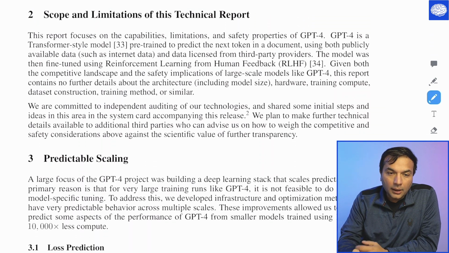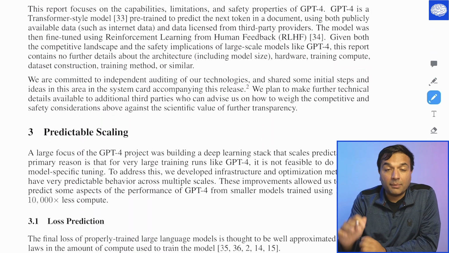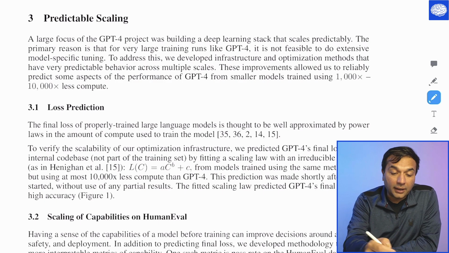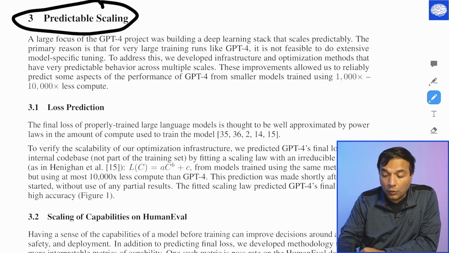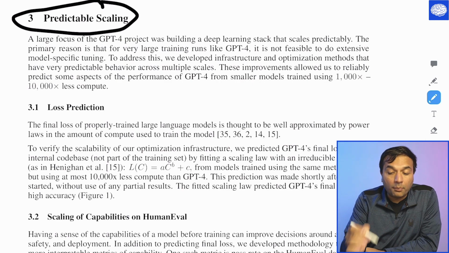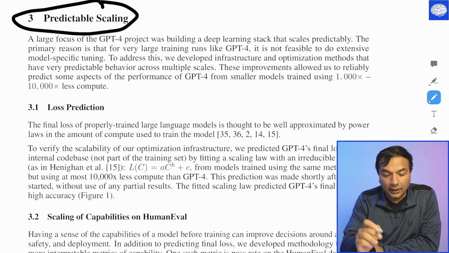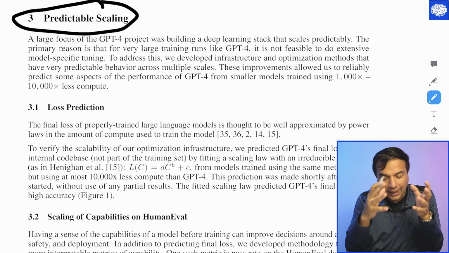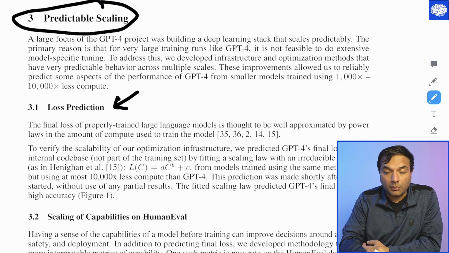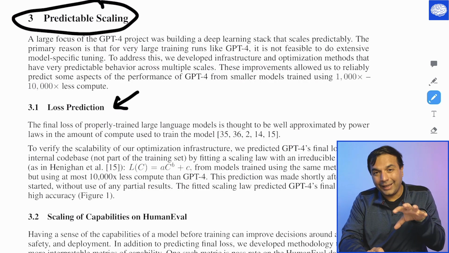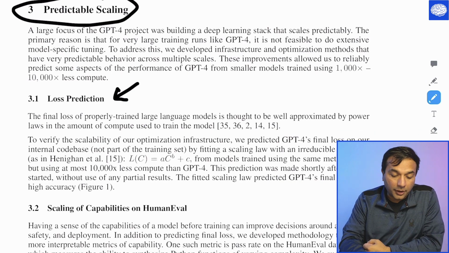One of the things they of course go through is the particular scope and limitation of this technical report. Some of these things are fairly technical. Predictable scaling is one of the key things for all these companies making large language models. When designing them, it is important that the loss function is predictable, because if you don't have the loss function tailored in, then you're not able to predict better.